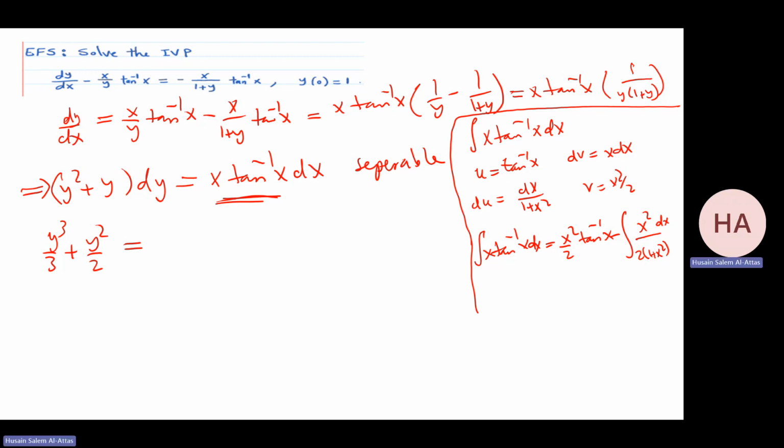Which is what? I can do the same trick as we did. That will be x squared over 2 tan inverse x minus half of this one. I can do it this way, or I can do it by long division. Both are correct. So x squared plus 1, this is 1, so it will be minus half. Let me do it in steps.